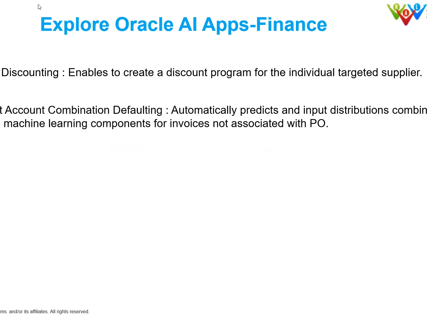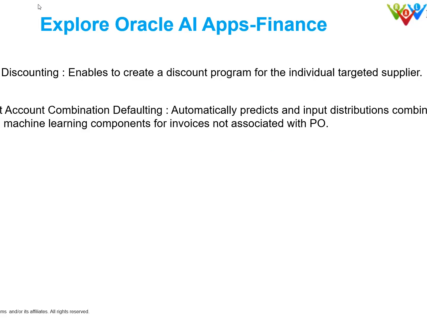You can enable this dynamic discounting program from your accounts payable side for a particular supplier. The Oracle Adaptive AI application will help you run this program, and you choose on an ad hoc basis what percentage of discount you want to put for a particular payment.